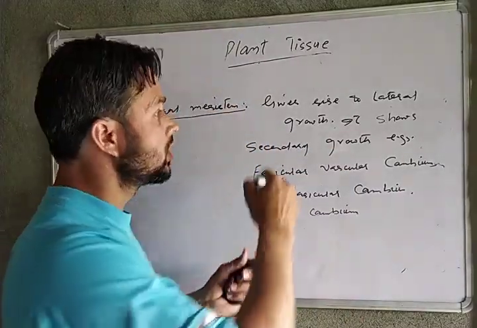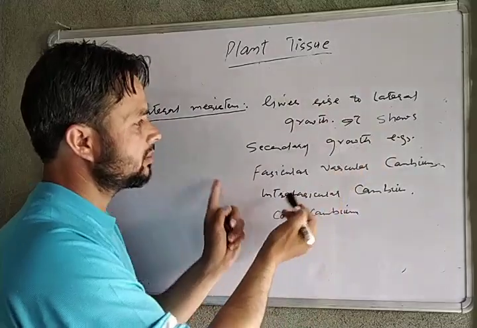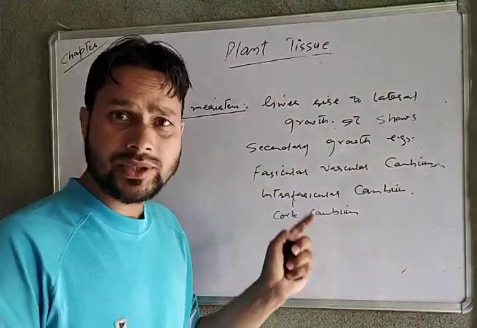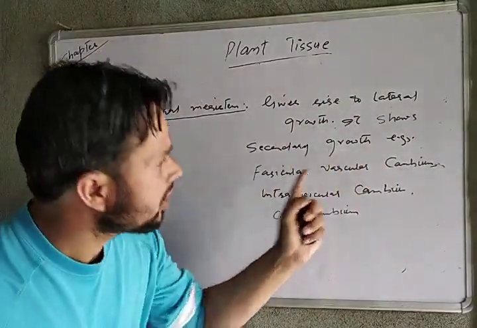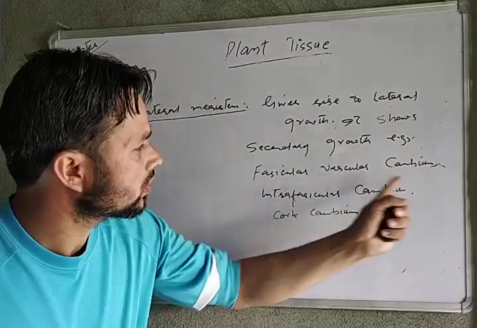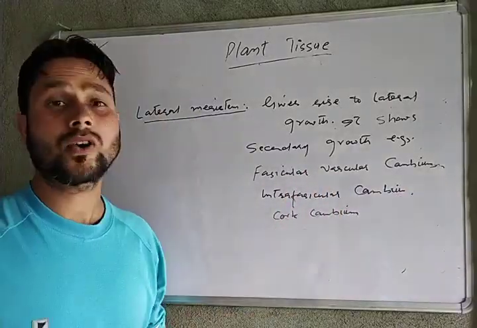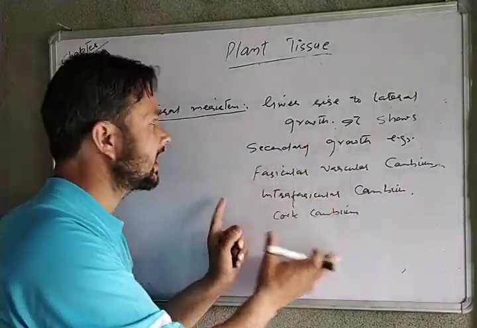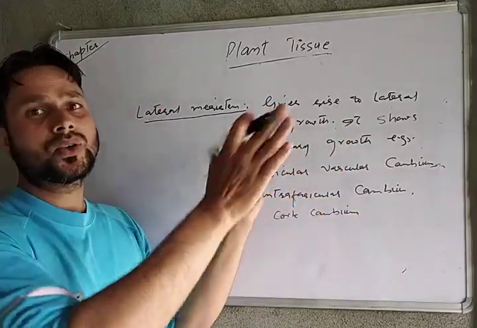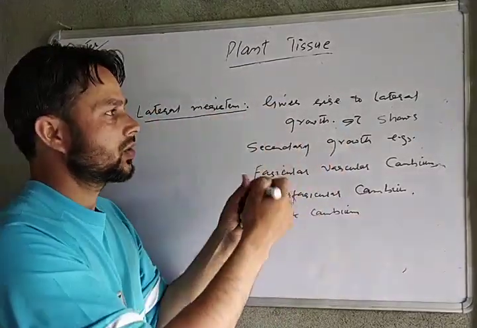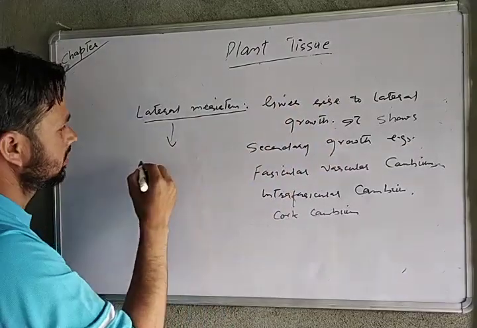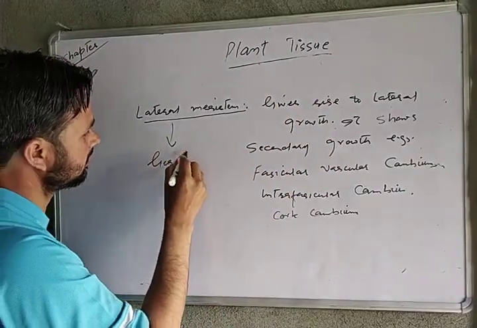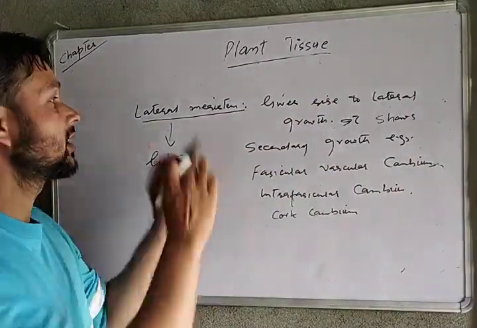These are lateral meristems which help us in secondary growth, because vascular cambium, intrafascicular cambium and cork cambium all help in secondary growth, that means growth in girth. It increases girth.